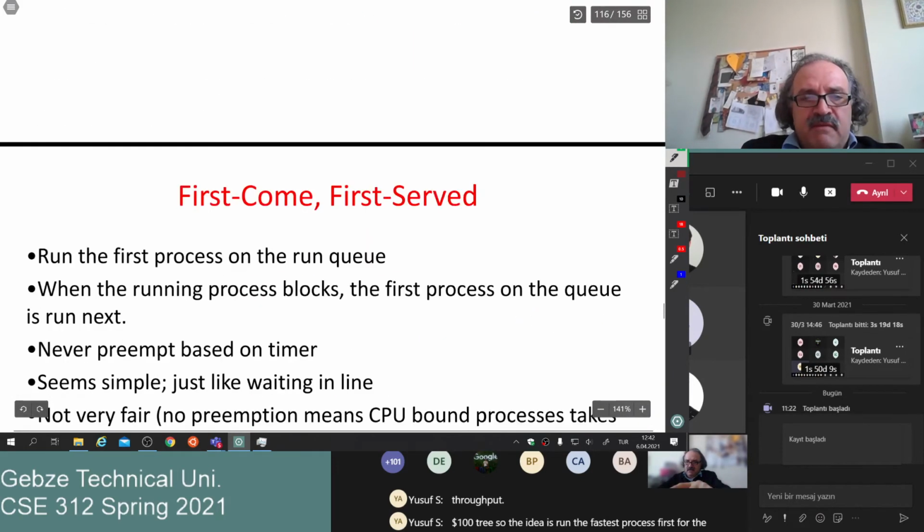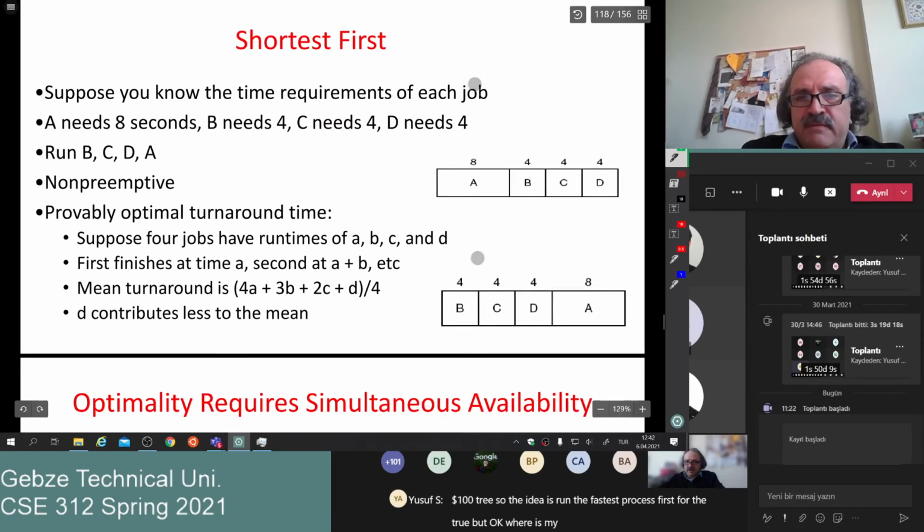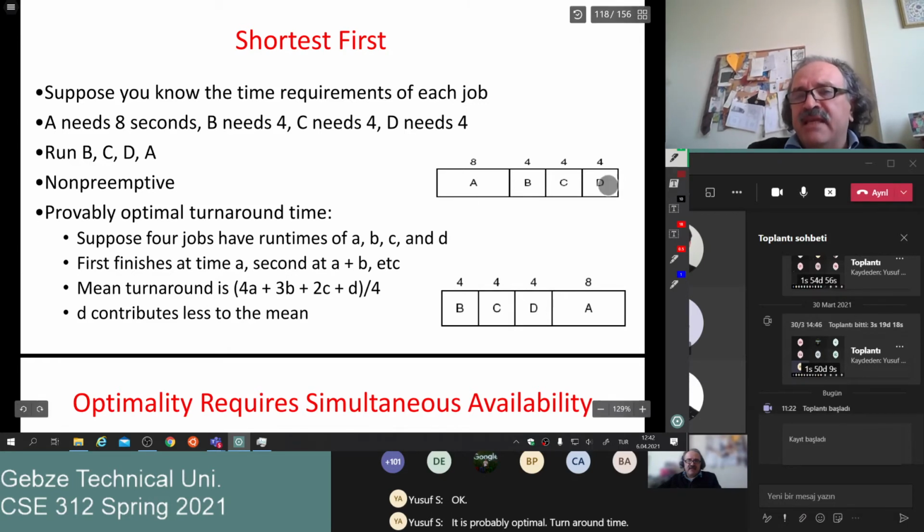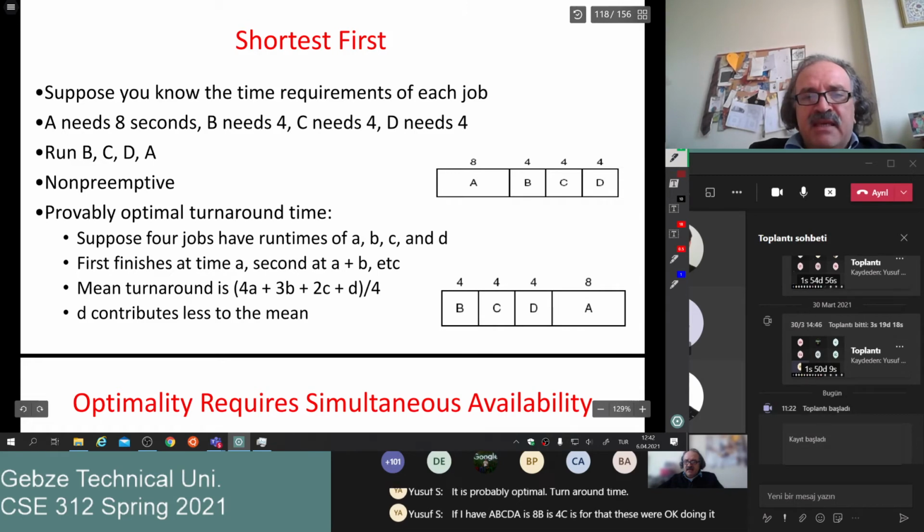That's the idea, the shortest job first algorithm. It is probably optimal for turnaround time. If I have A, B, C, D, where A is 8, B is 4, C is 4, and D is 4, doing it this way, B, C, D, A is the best.